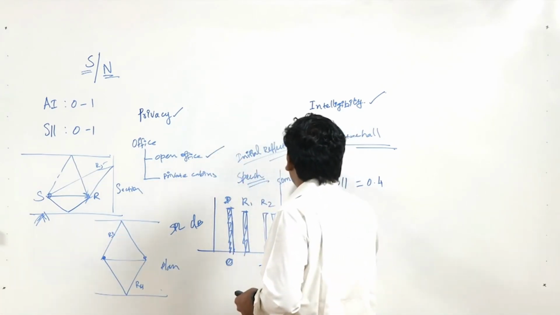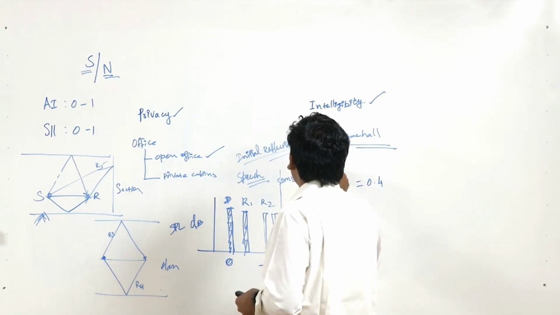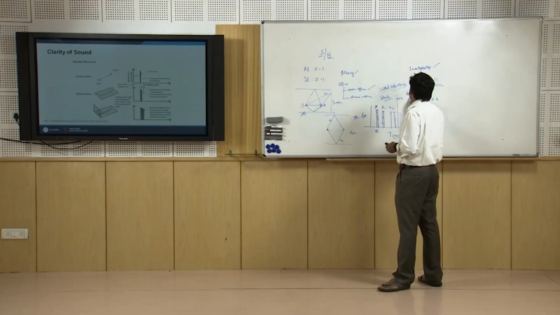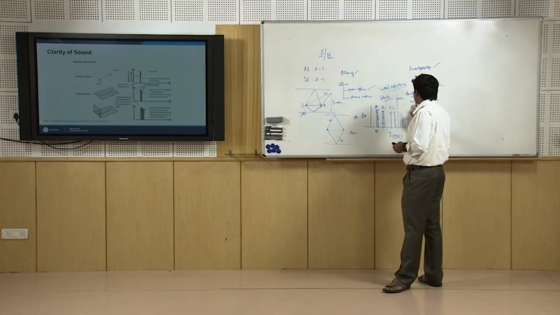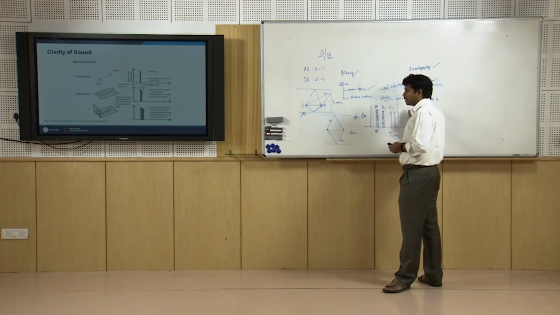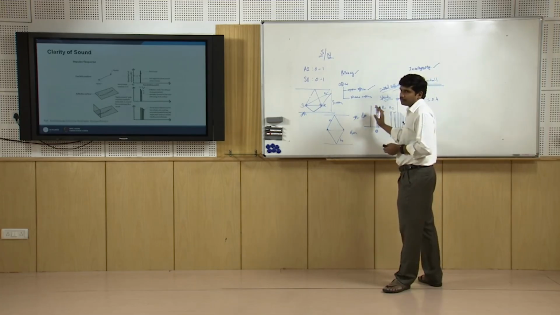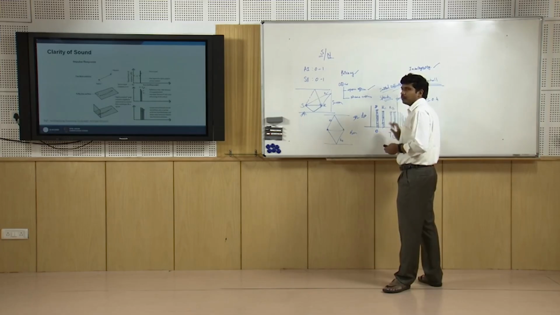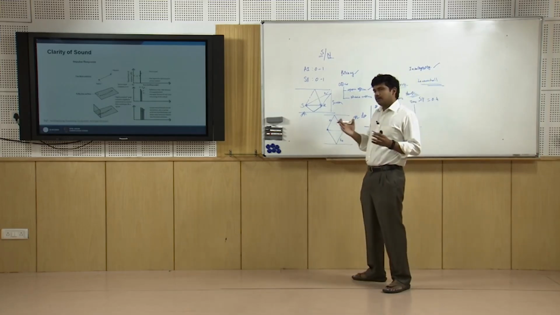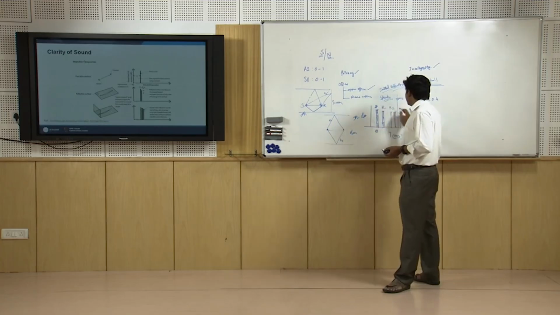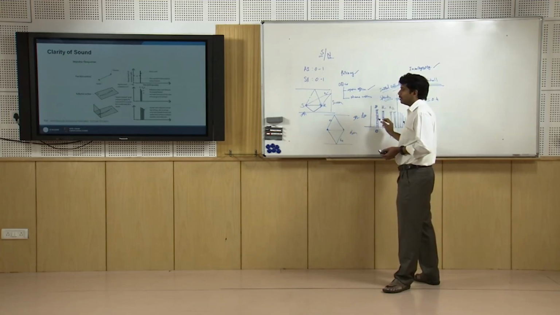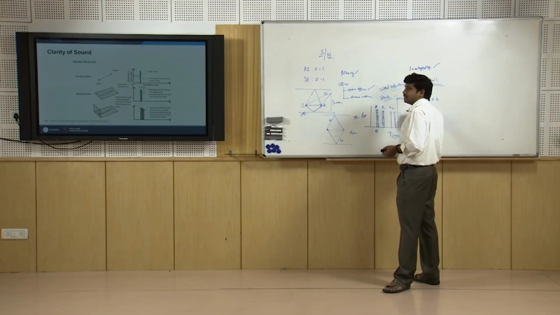Whereas if it is for music, where some instrument is played, for musical performances you take a threshold of 80 milliseconds. Before 80 milliseconds, whatever sound comes to you will reinforce the direct sound. You will not be able to distinguish between the direct sound and the reflected sound. You will also ensure the continuity, the first syllable versus the second syllable.